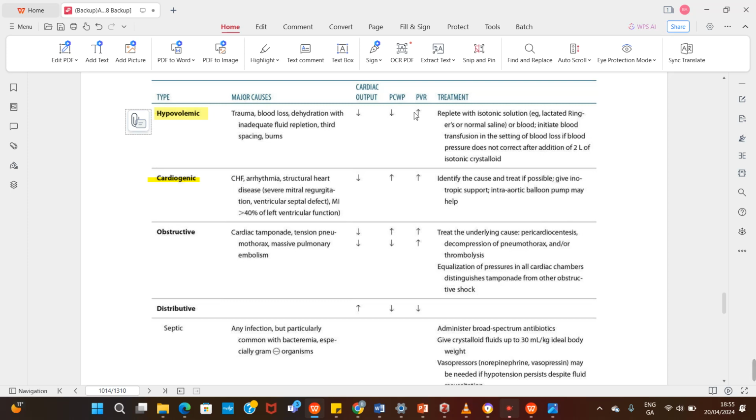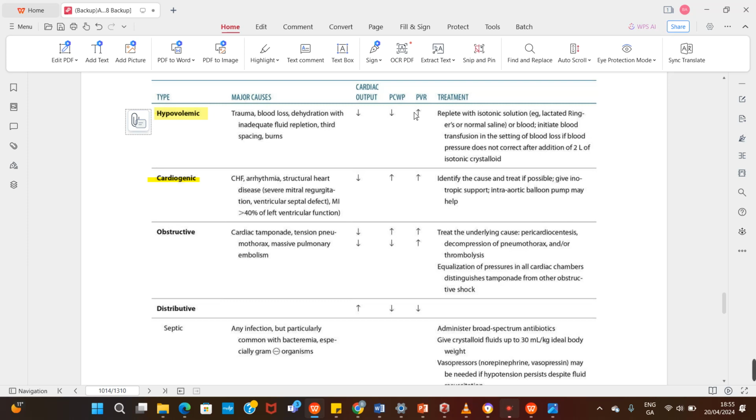Because all the chambers are affected, what is going to happen to the pressures? At diastole, the right side cannot empty and the left side cannot empty. So you are going to have downstream elevation of all the pressures in the right and left side upstream.